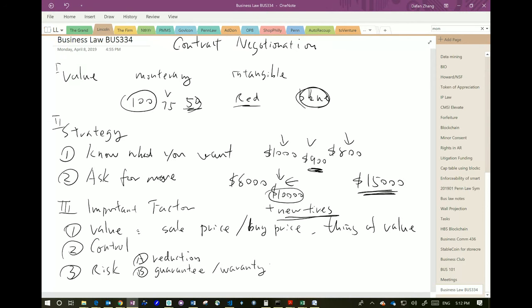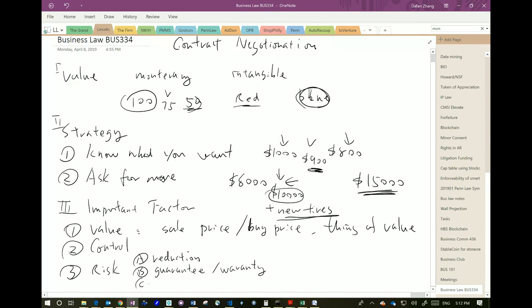When you buy a warranty on the car, or if there's a 30-day, 90-day, 1 year guarantee to buy back the car, it doesn't make the car any more reliable, but it does mean if something happens to the car, you'll get your money back, or some of your money back, or it will get repaired. So that's reducing your risk, even though the underlying risk factor is not actually reduced.